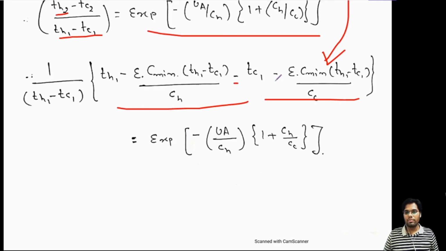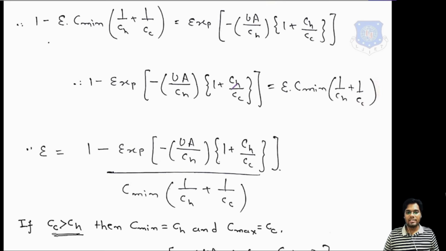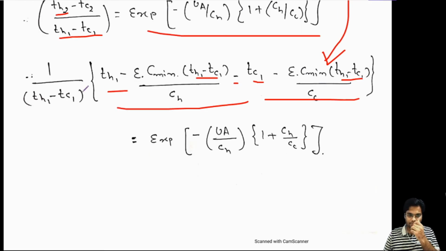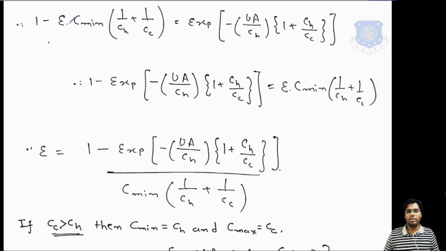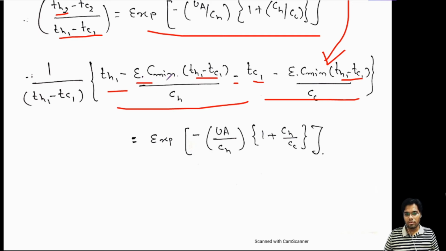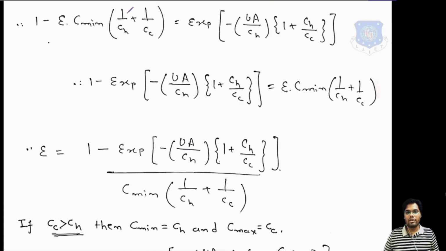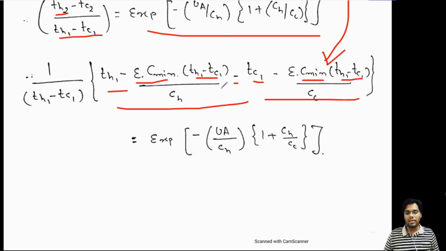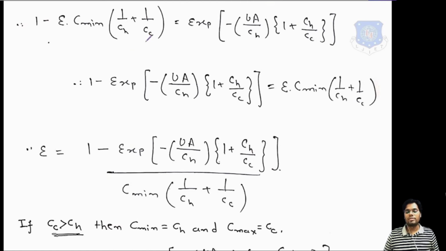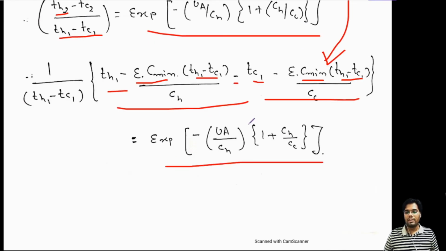So if we put Th1 minus Tc1 out of the bracket, then we will get 1 minus epsilon C minimum, which is also common, in bracket 1 upon Ch minus 1 upon Cc. In the bracket, 1 upon Ch, minus becomes plus, so 1 upon Ch plus 1 upon Cc, is equal to this term, which will remain as it is.